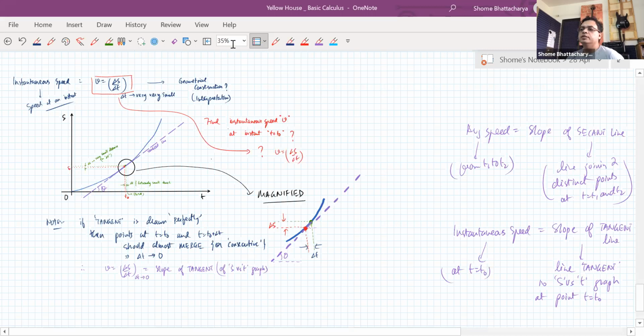So that is the difference between these two things. Okay. So this is the geometrical representation of instantaneous speed. Geometrical or graphical interpretation of instantaneous speed.